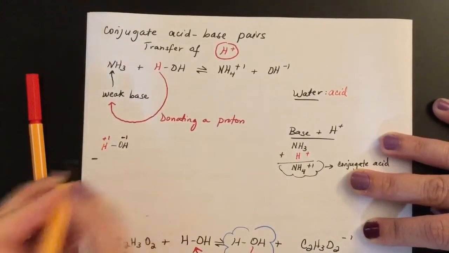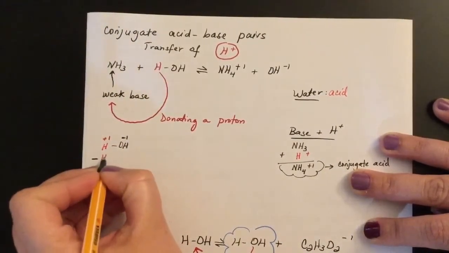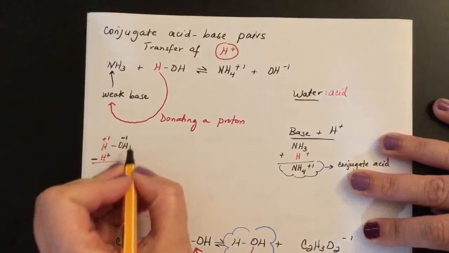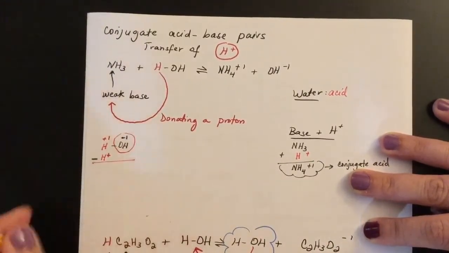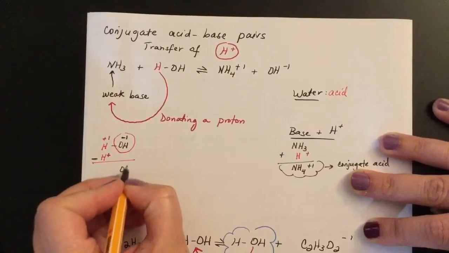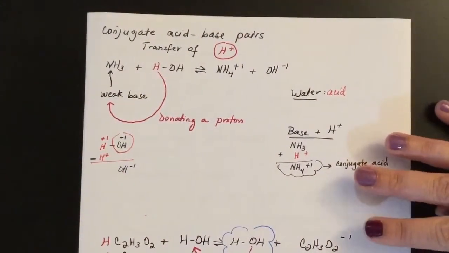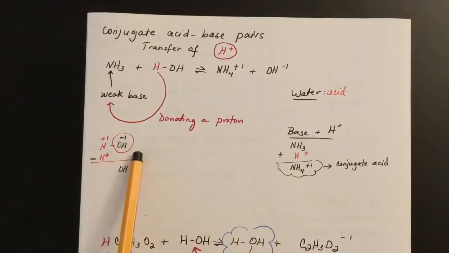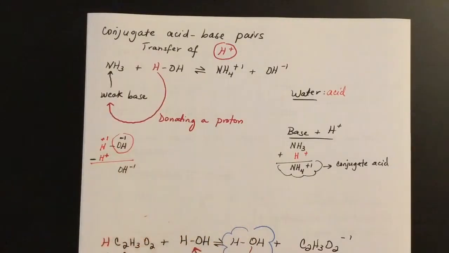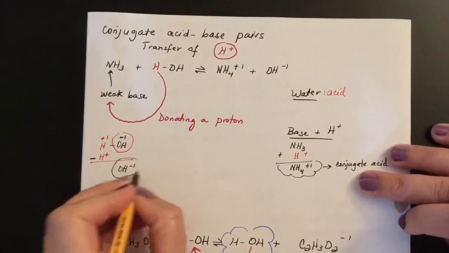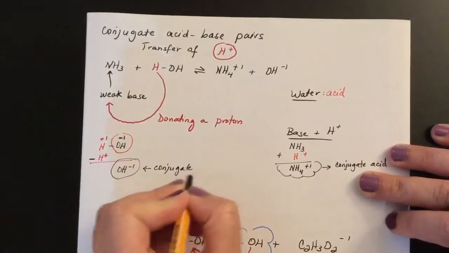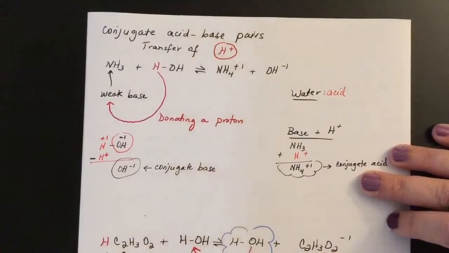So if we subtract or remove H plus from your water molecule, what you're getting now is your hydroxide ion with a charge of -1. So this is the acid losing a proton, because the acid will transfer that proton. When the acid loses the proton, what you're getting right there is a conjugate base.